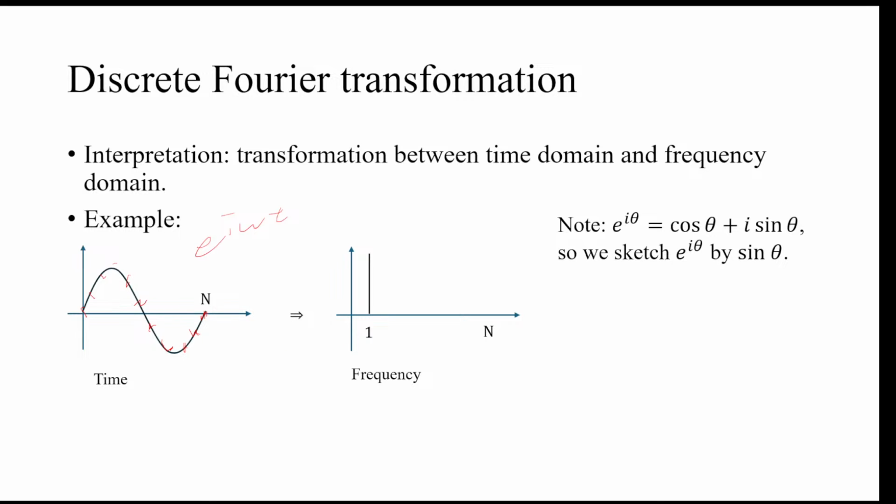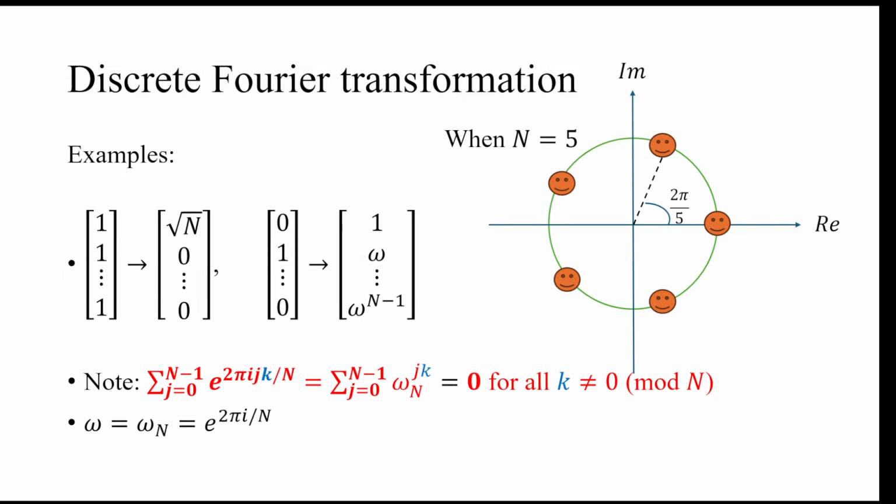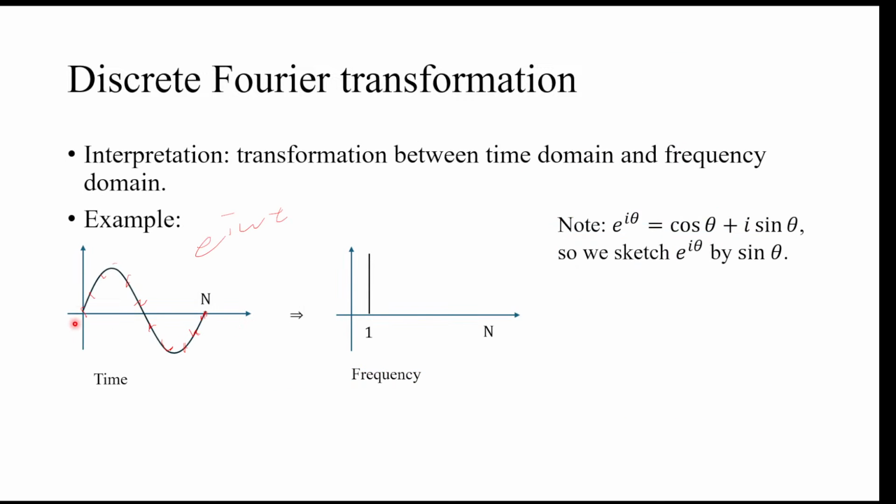Okay, and anyway, if you have a sinusoidal signal, but actually a discrete signal, we are saying this vector we represent as a signal, so we plot x0, x1, x2 all the way to xn minus 1 here, etc. So we have this kind of sinusoidal signal, and you do Fourier transform, then it will become concentrated on one location.